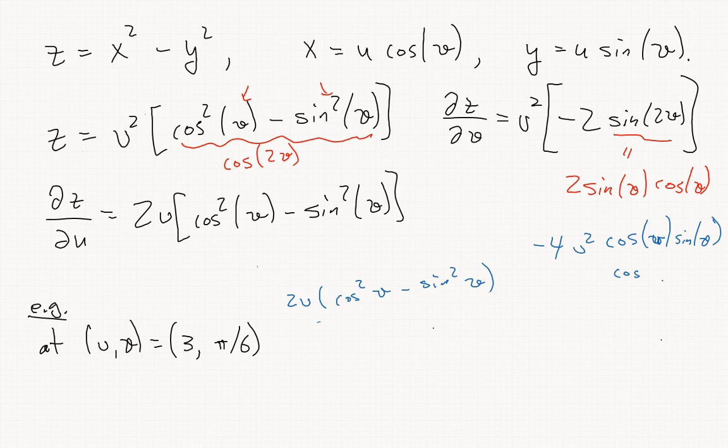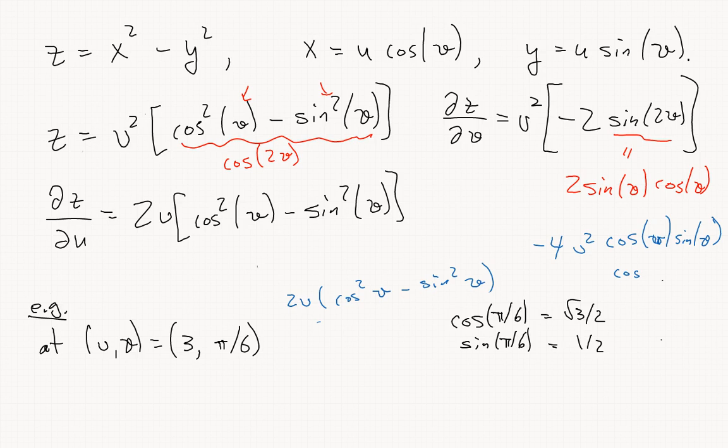So cos squared pi over 6 is equal to, well, let's just do cos pi over 6 is root 3 over 2, and sine of pi over 6 is 1 over 2.